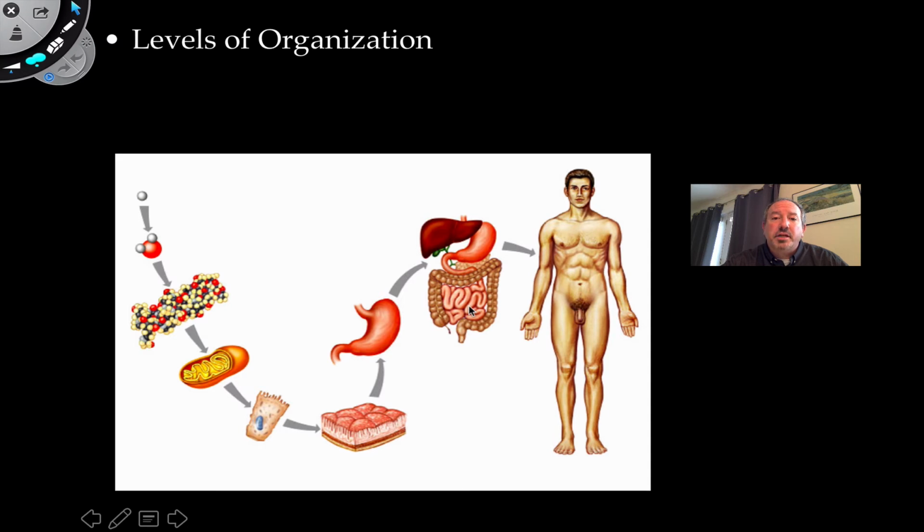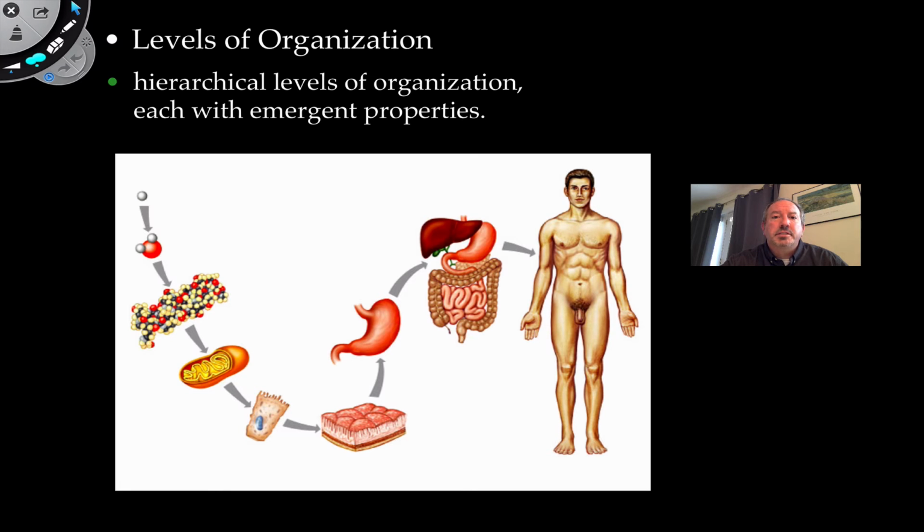So collectively, when you consider the esophagus, the liver, the stomach, the intestines, all of this is considered to be a system, a group of organs working together with a common function, which is the digestion, the breakdown of food, and also the absorption of food. And so that's how you have it.